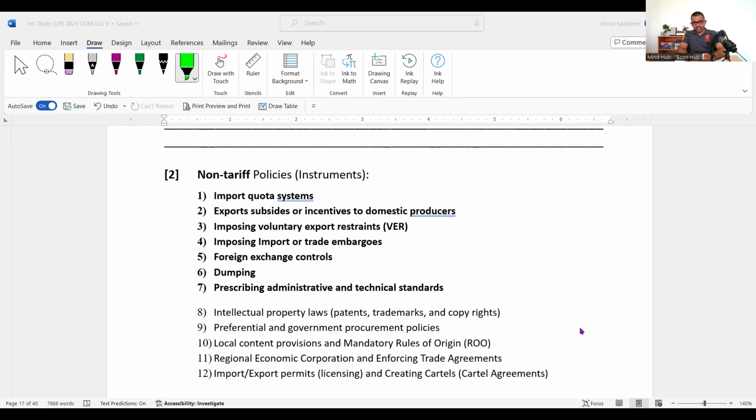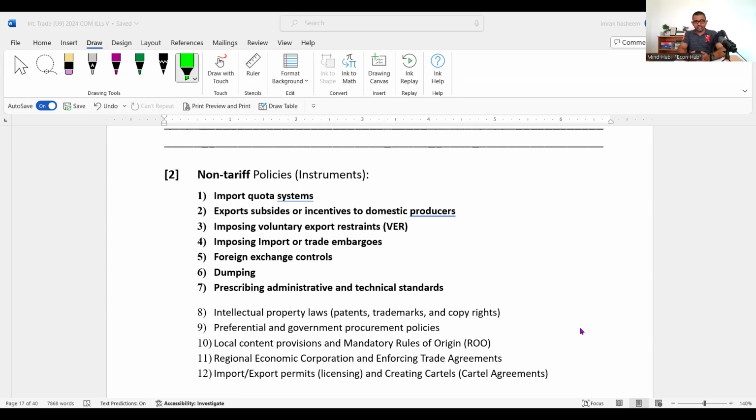So when a country practices voluntary export restraints, it is a barrier for international trade between that country and the other trading partner country. Then there is imposing import or trade embargoes. An embargo is a complete blockade. We have talked about embargoes in the production possibility frontier, if you remember.